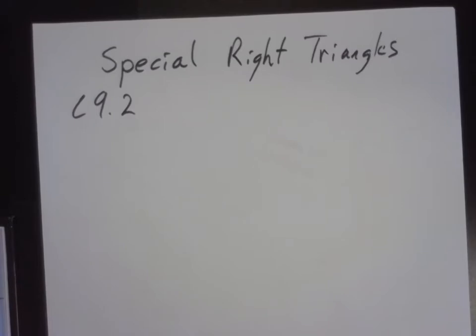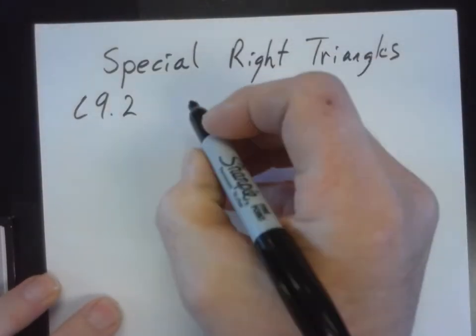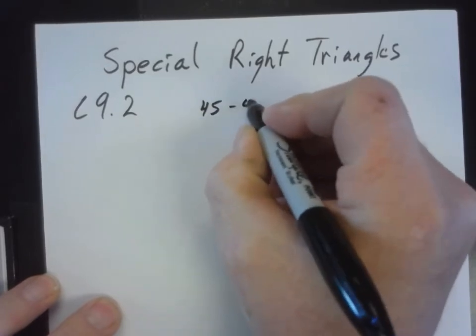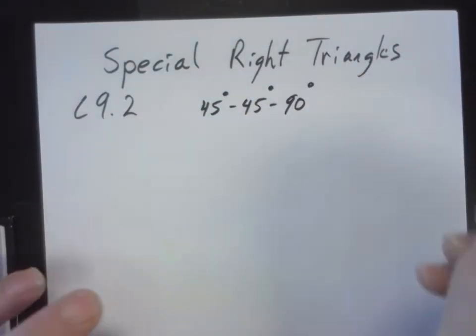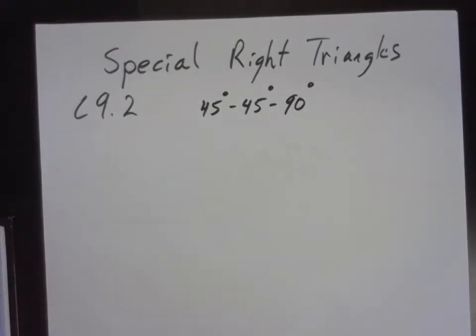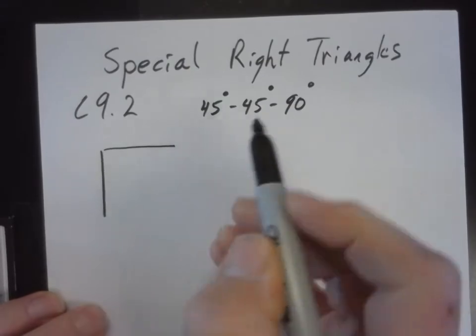Okay, so I'm going to go backwards here from normal. I think I'm going to start off with what we call a 45, 45, 90 triangle. So we're going to talk about a 45, 45, 90 triangle. It comes when we have a square.